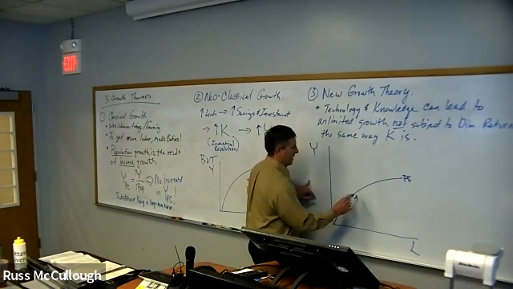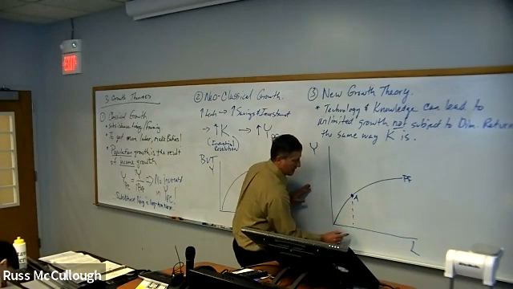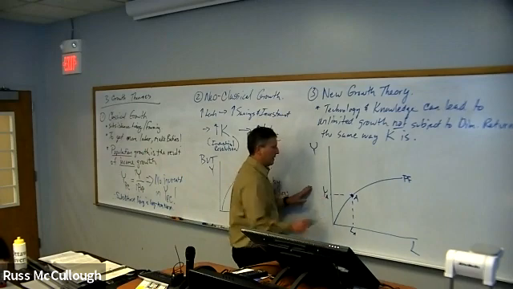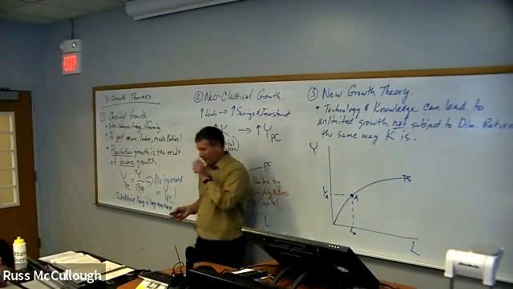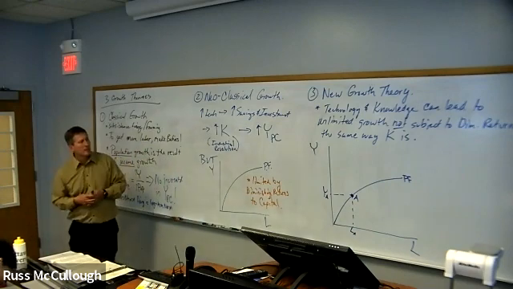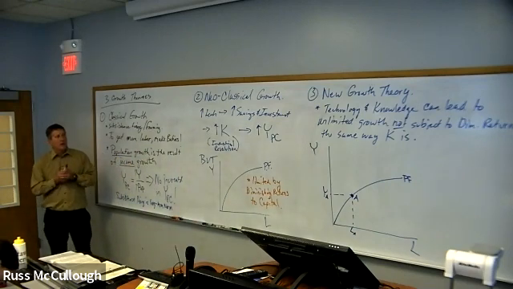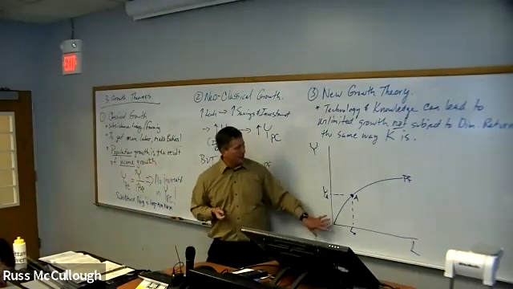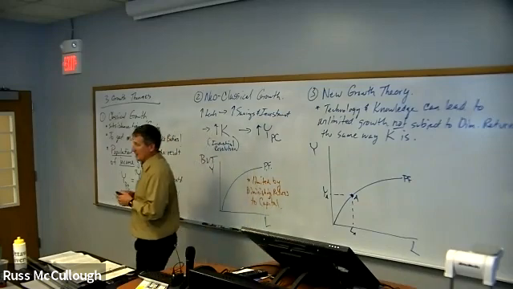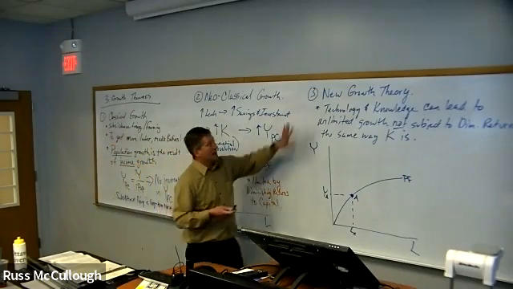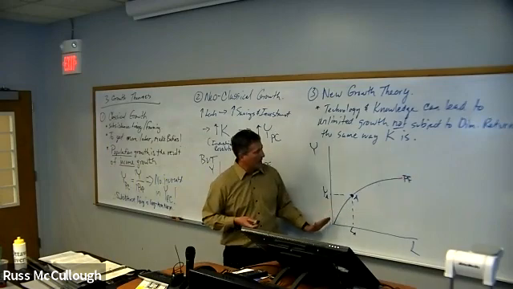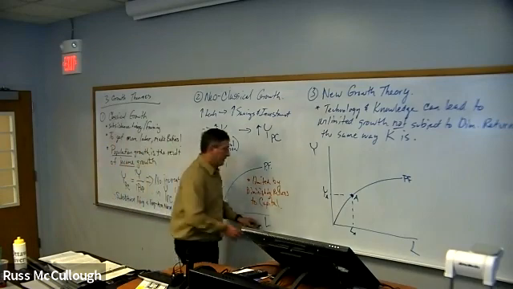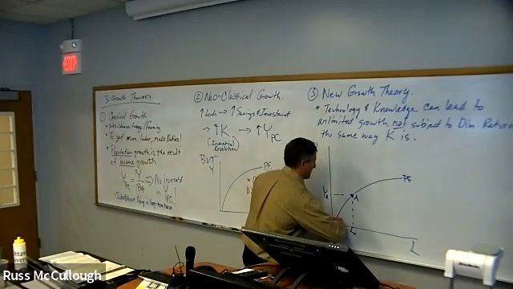Let's say that the economy is currently at LA and YA for point A. If we have advancements in technology, and knowledge growth and education, what happens to the production function? It goes up.